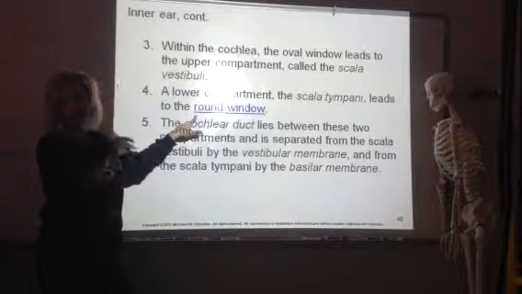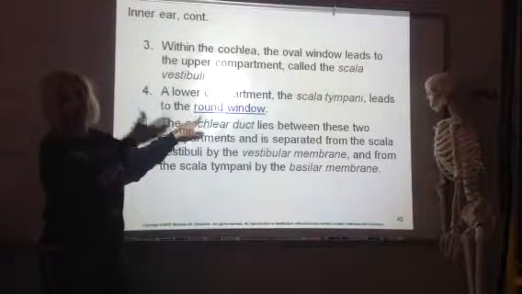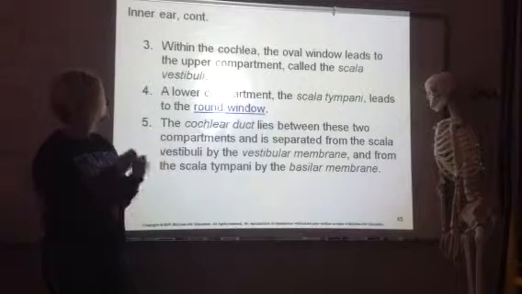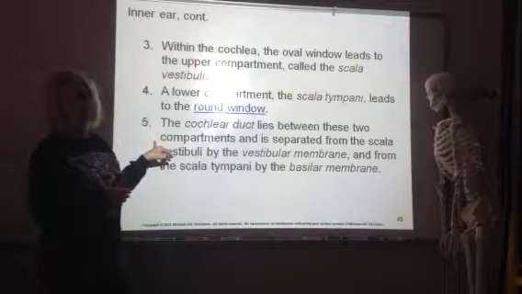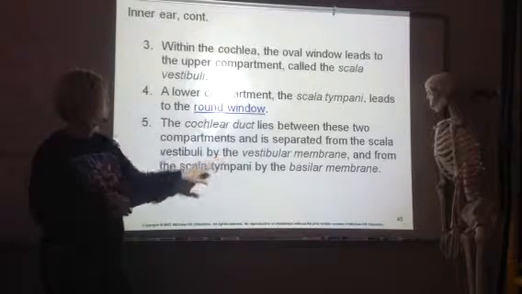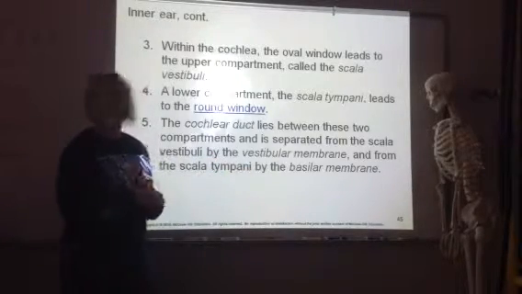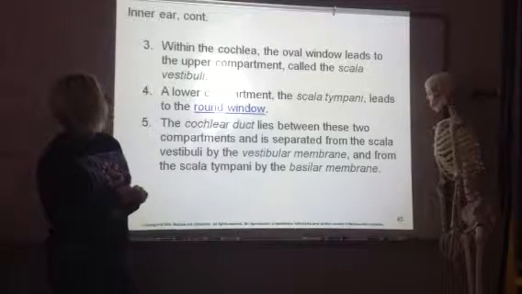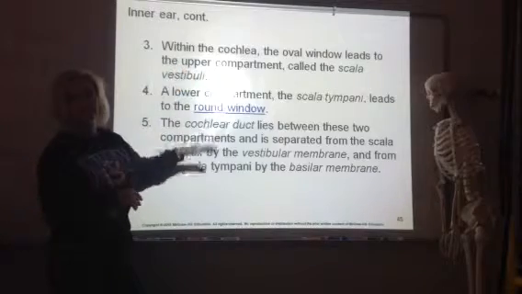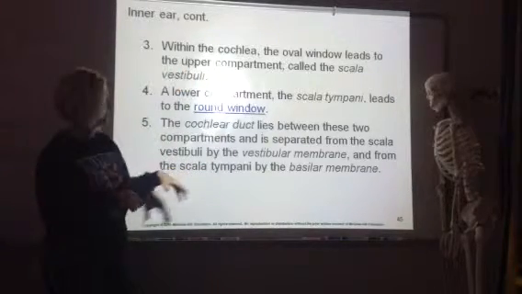So we have an oval window first and a round window second. The cochlear duct lies in between those compartments, and it's separated by a vestibular membrane, and then there's also a basilar membrane. So vestibuli is on top, tympani is on the bottom.